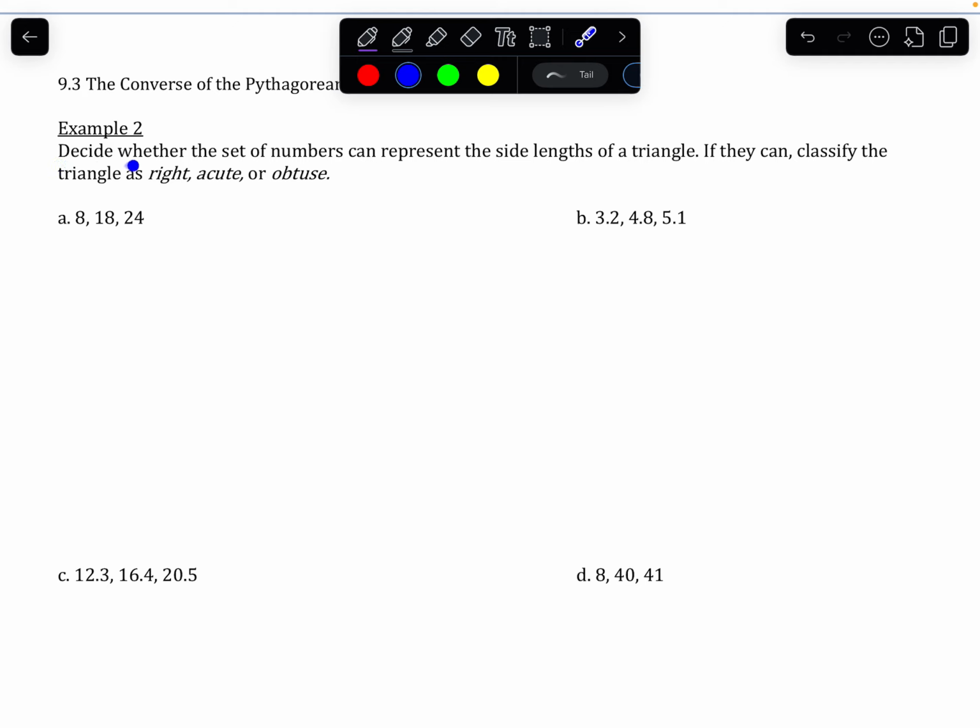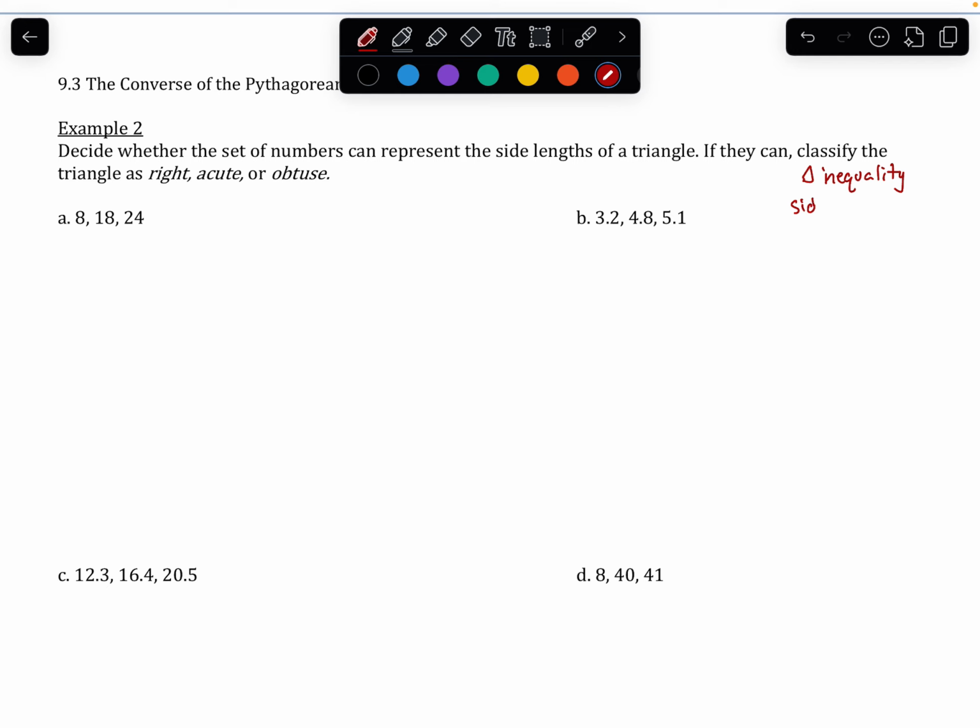First, it says decide whether the set of numbers can represent the side lengths of a triangle. Now, we learned that the triangle inequality is determined by adding our sides.